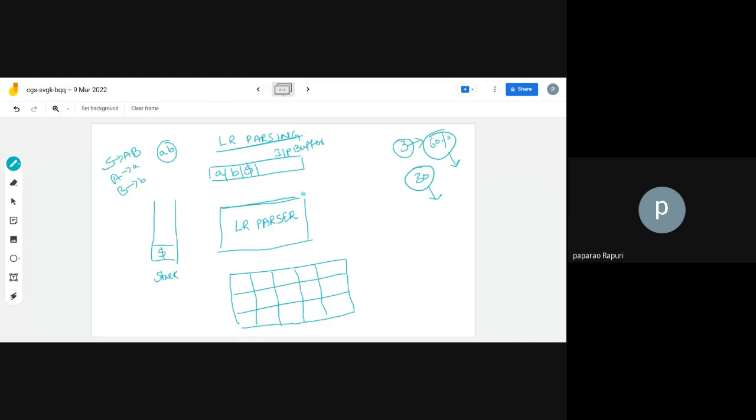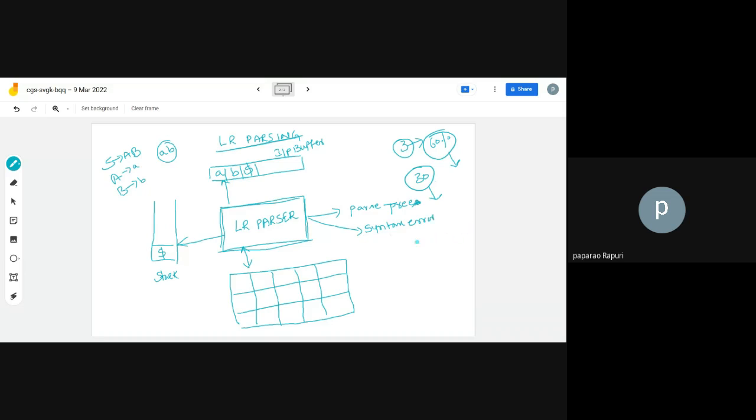For everything, the parser is the algorithm which reads the symbol from the input using the stack and the parse table. It produces a parse tree. Sometimes, if it does not produce a parse tree, it produces a syntax error.